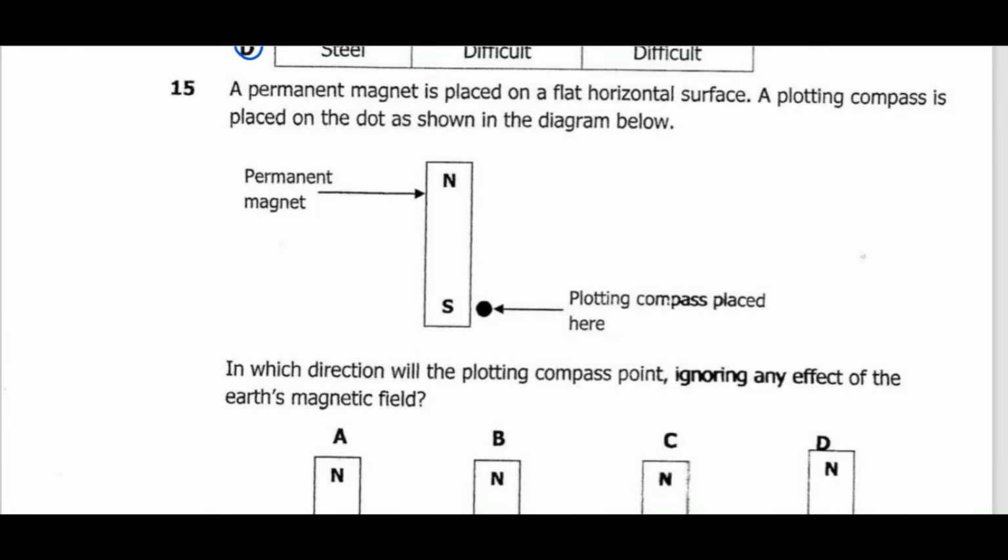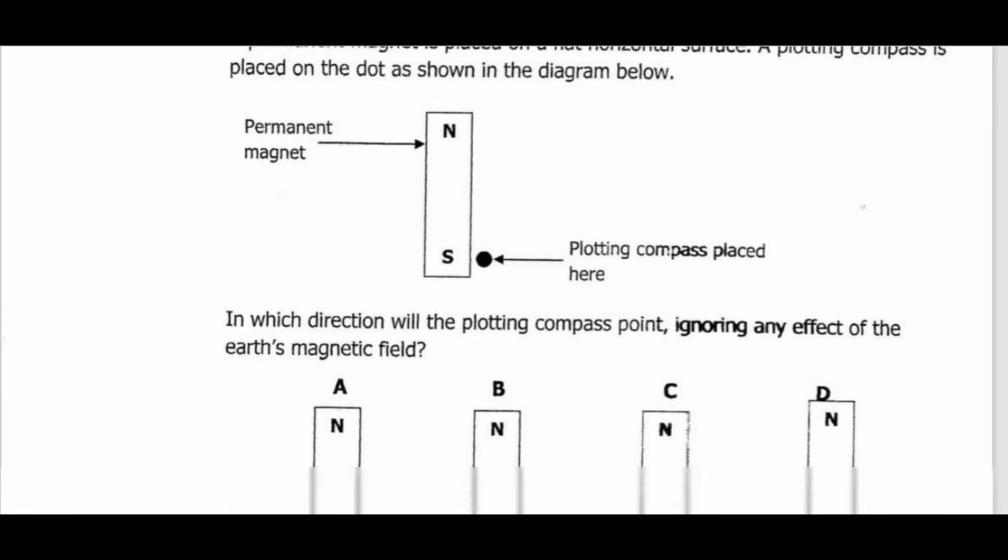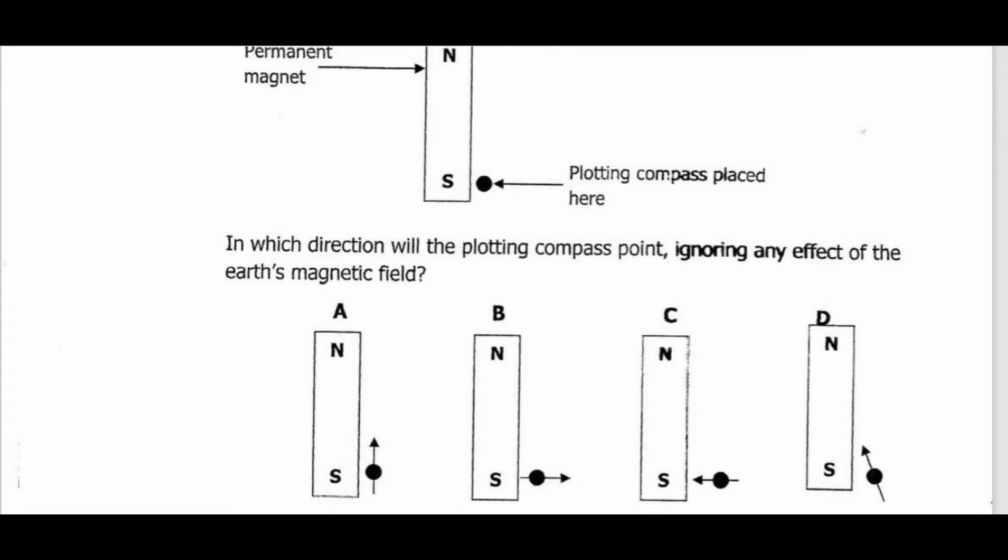Then we move on to question 15. A permanent magnet is placed on a flat horizontal surface. A plotting compass is placed on the dot as shown in the diagram below. So permanent magnet, then we have the plotting compass placed here. So what we have to look at whenever you are dealing with this is that the arrow of the plotting compass has the north pole.